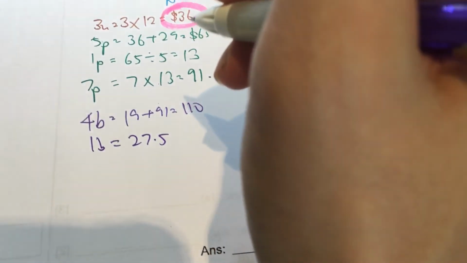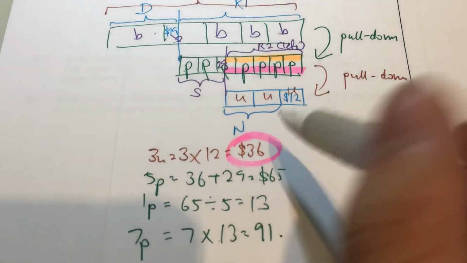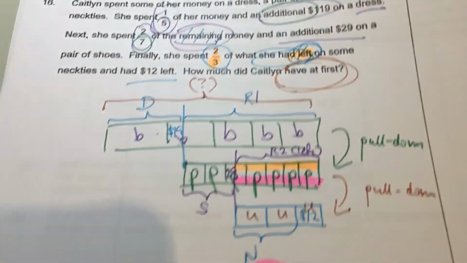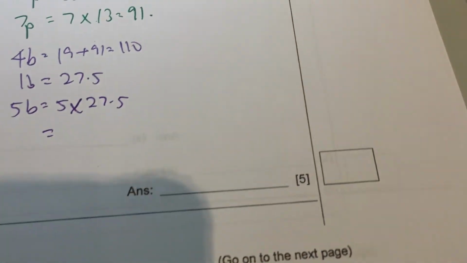Again, we need to find the value of one box, which is 27.5. And to find the amount at first, it will be 5 boxes, 1, 2, 3, 4, 5, because of 1/5. So 5 boxes is equal to 5 times 27.5, which is 137.50.